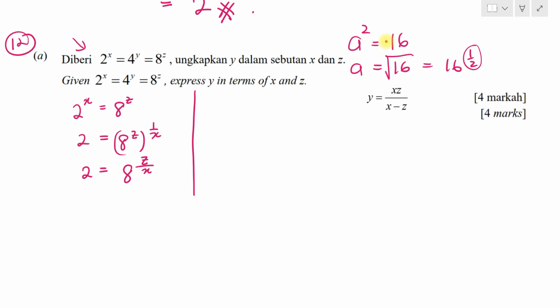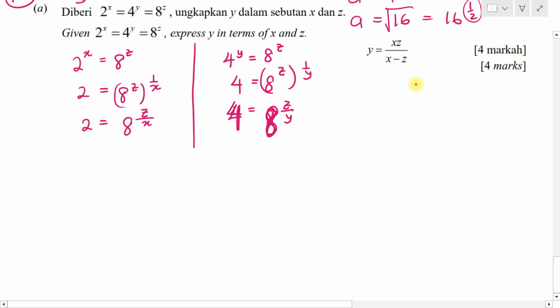Okay, we do the same for the 4 maybe. 4 power y equal to 8 power z. 4 only is 8 power z, and then the y becomes power 1 over y. So 8 power z over y is equal to 4. Okay, right.